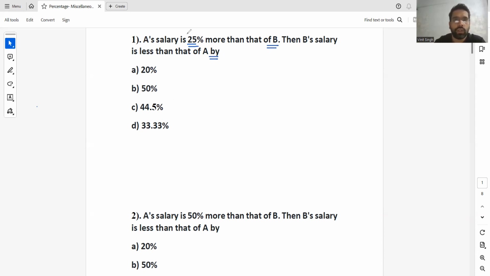Now, we know that the fraction value of 25% is equal to 1 upon 4. Now in the previous video, we already discussed that the numerator value is a result and the denominator value acts as the original value. Now here 25%, so the fraction value is 1 by 4.